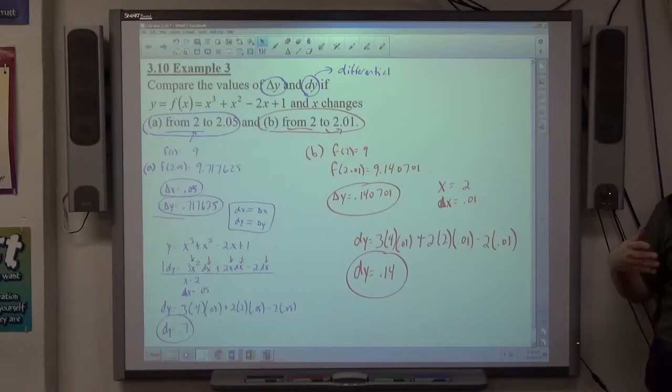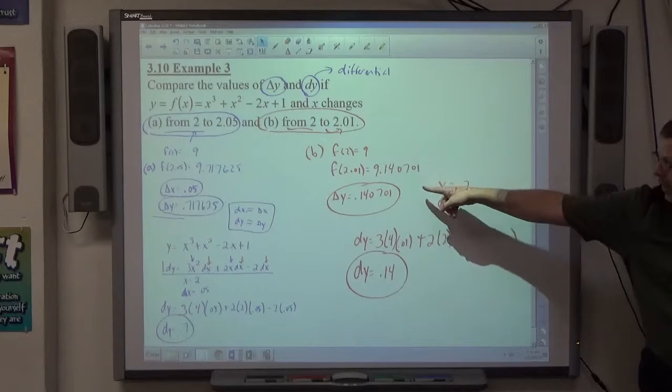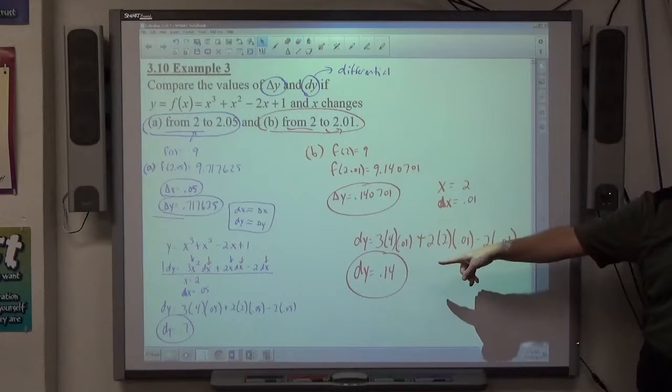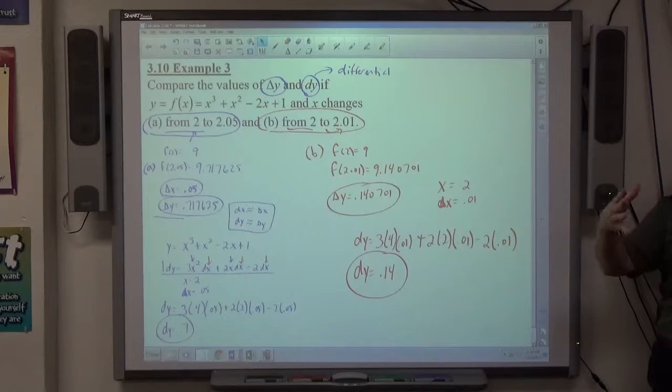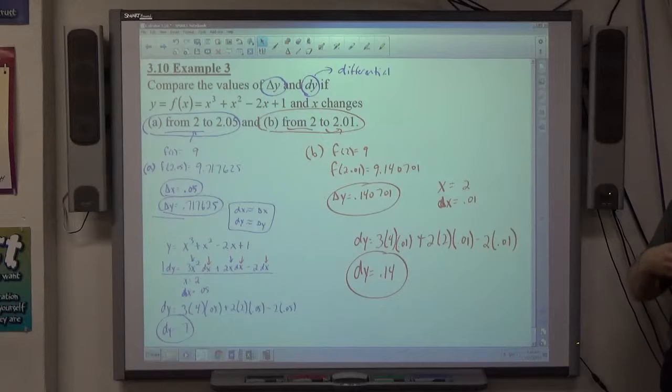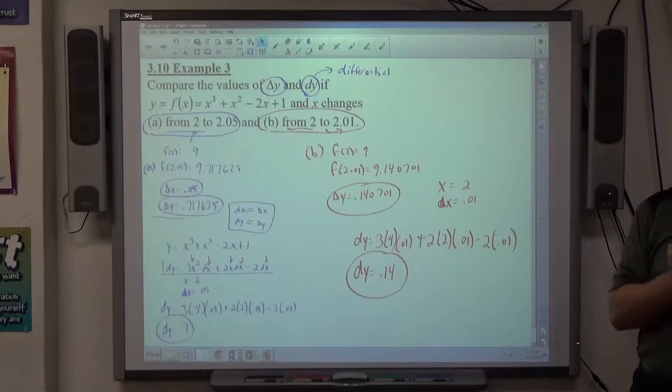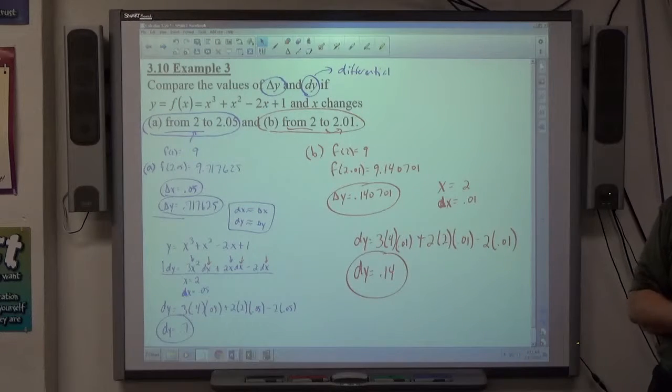So one thing with differentials is there's an understanding when you use differentials that you're going to get really, really close to the number. The dx is going to be very tiny. The tinier dx is, the tinier discrepancy between dy and delta y is going to be. And the further away from x you get, the more error there's going to be. So that's the key to these problems: we're looking for really close to decrease error.